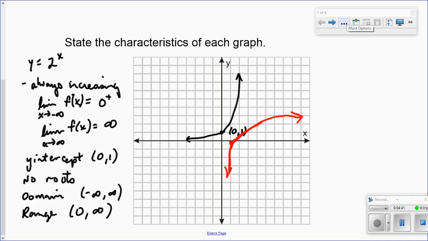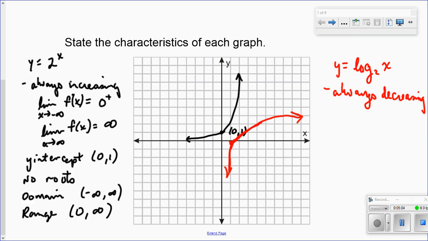So this was the function y equals the log function where the base is 2. Okay, so what have we got for characteristics here? This one's always increasing. When I say always increasing and always decreasing, I'm talking about slopes of the tangent.